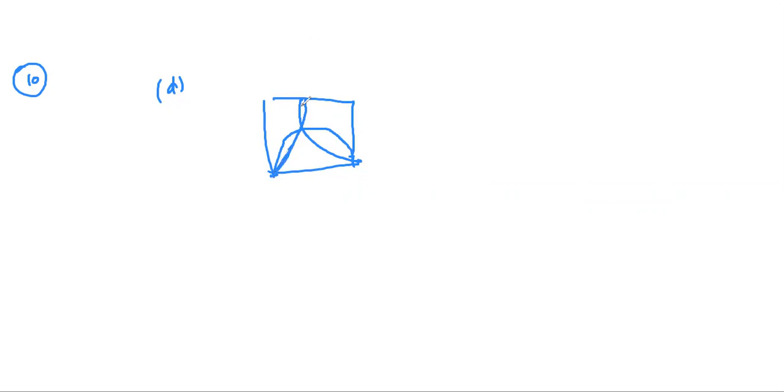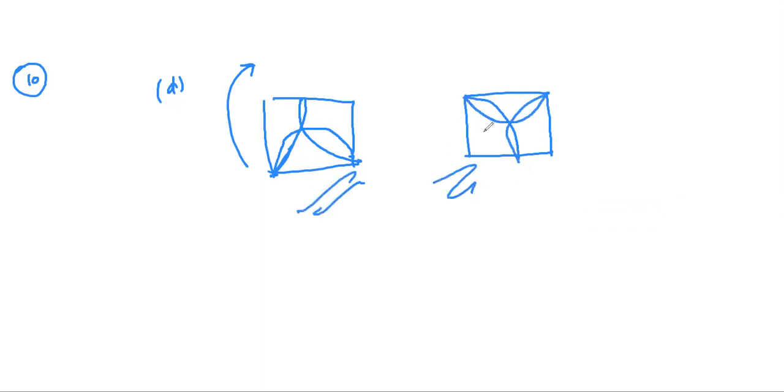Not actually 3 times also, because if you rotate it like this, look at this. Imagine how you are going to rotate it? If you rotate it 1 time here, you will find a structure something like this. Okay, so it is not looking the same as you can see here. So that is why D is the right option. Otherwise, all the 3 figures in question number 10 have order 4 rotational symmetry.